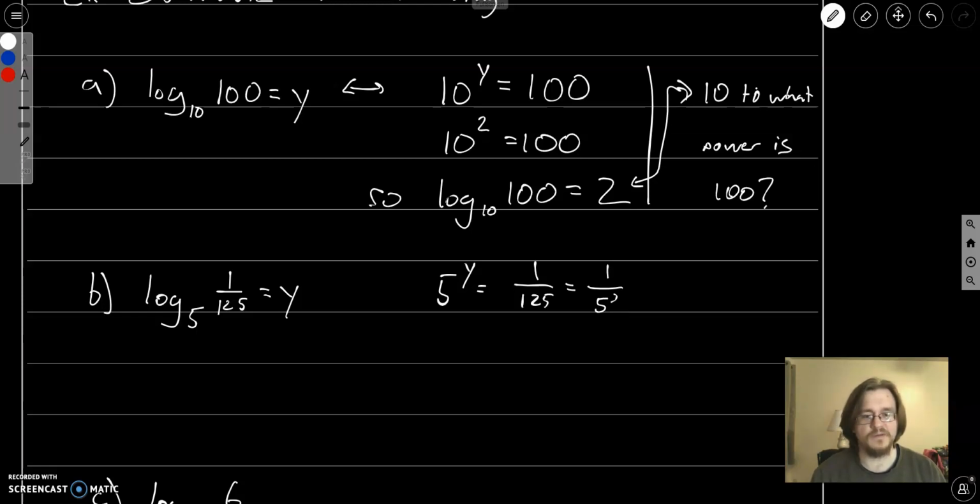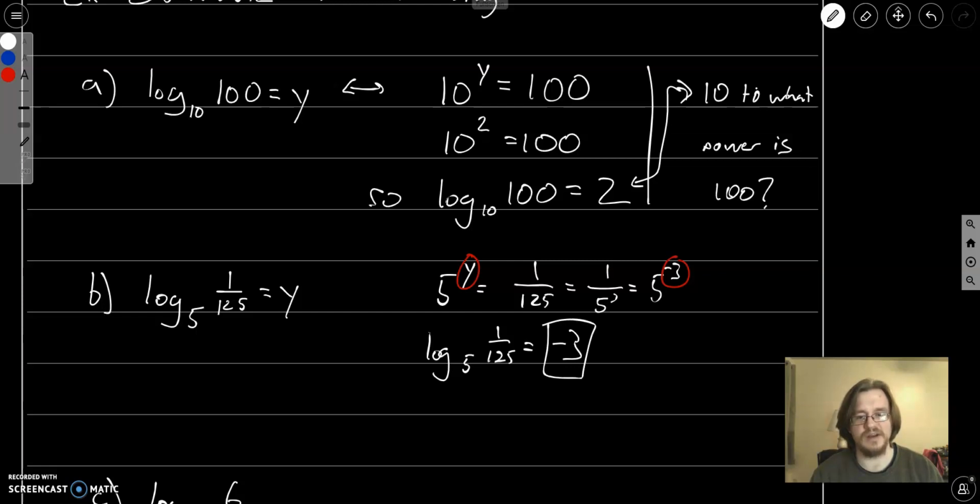Well, 1 over 5 to the third power, that's just 5 to the negative third power. So when we look at this, 5 to the y power is equal to 5 to the negative third power. It pops right out. y is just negative 3. So log base 5 of 1 over 125 is negative 3.